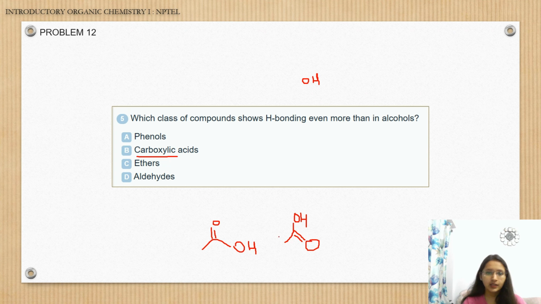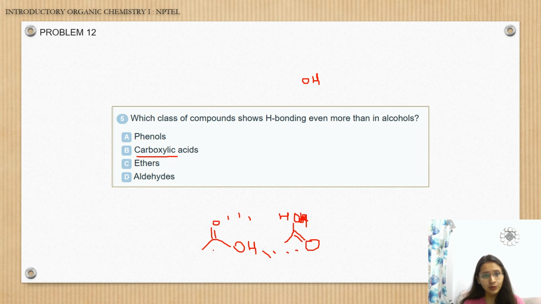Right? So now tell me, there is a hydrogen bonding present between this OH, if I have to write it like this, and this hydrogen is getting into hydrogen bonding with this oxygen. So this kind of hydrogen bonding pairs are present in carboxylic acid, which is not present in phenol, ether, and aldehyde. So here you have two sides for the hydrogen bonding.